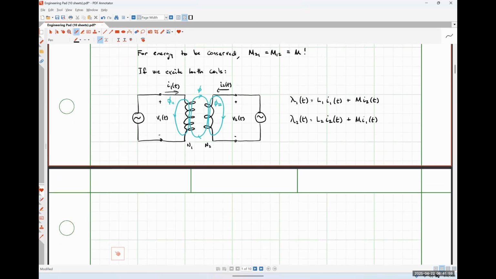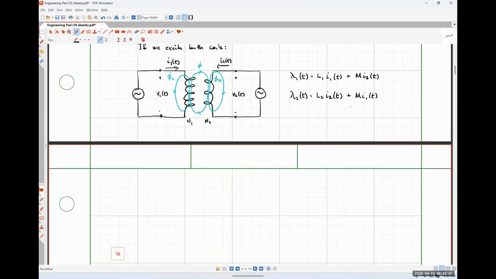So our induced voltage V1 is simply going to be the derivative of flux linkage of coil 1 with respect to time, which will just be L1 times the derivative of I1 plus M times the derivative of I2.